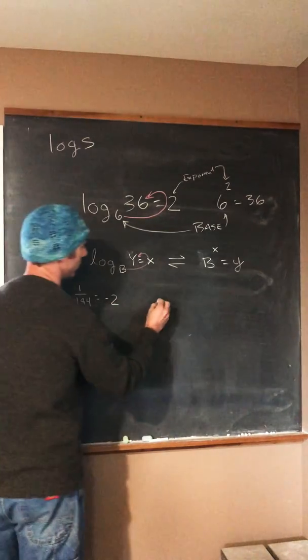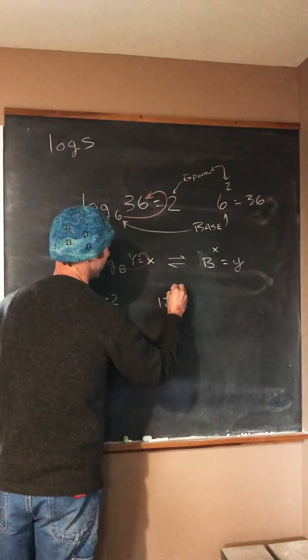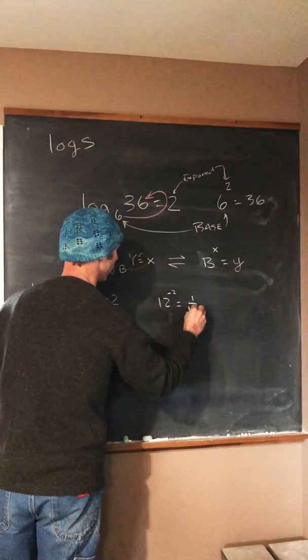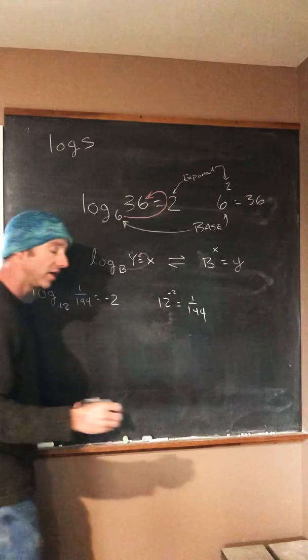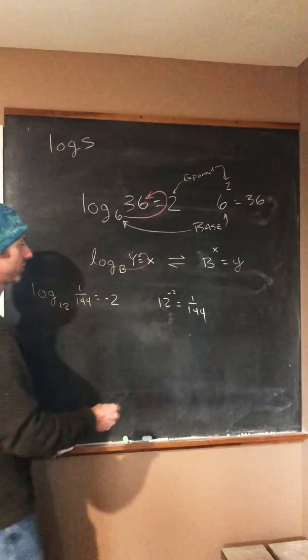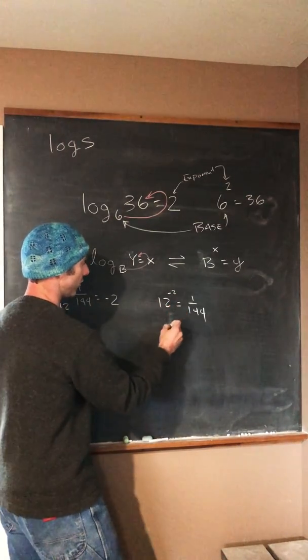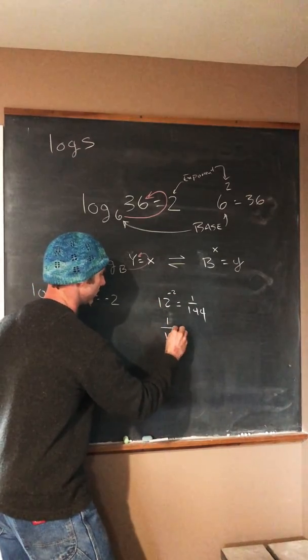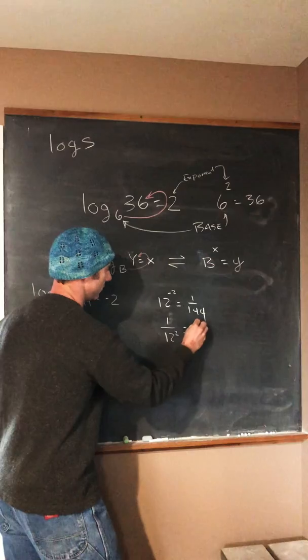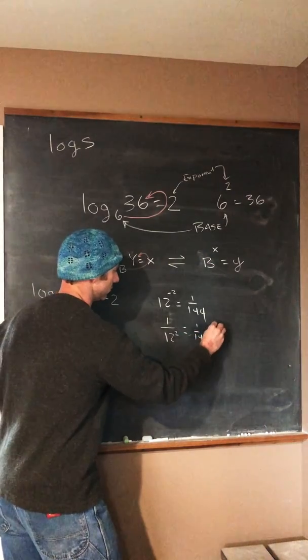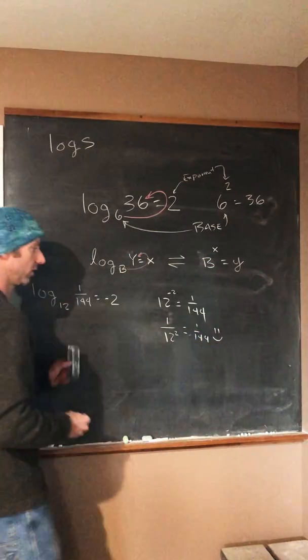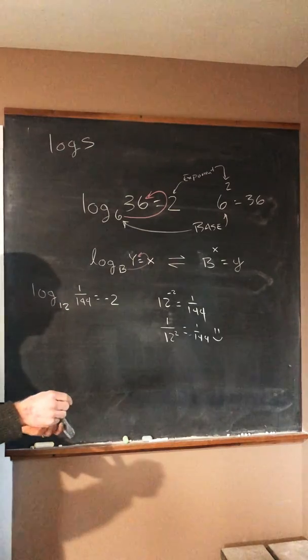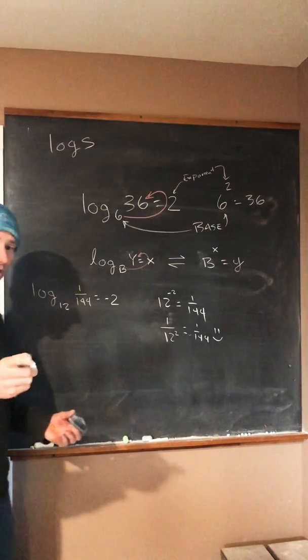So 12 to the negative 2 equals 1 over 144. Is that correct? Let's take a look. The negative exponent means it's going to be 1 over 12 squared. Doing well.